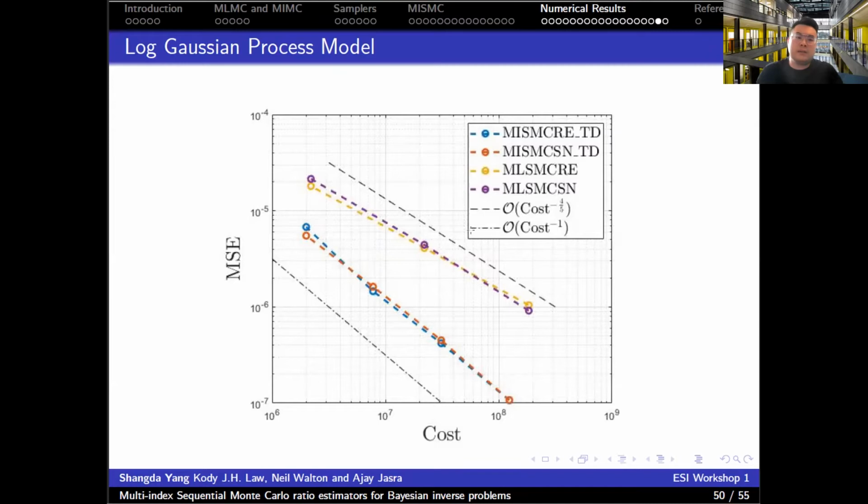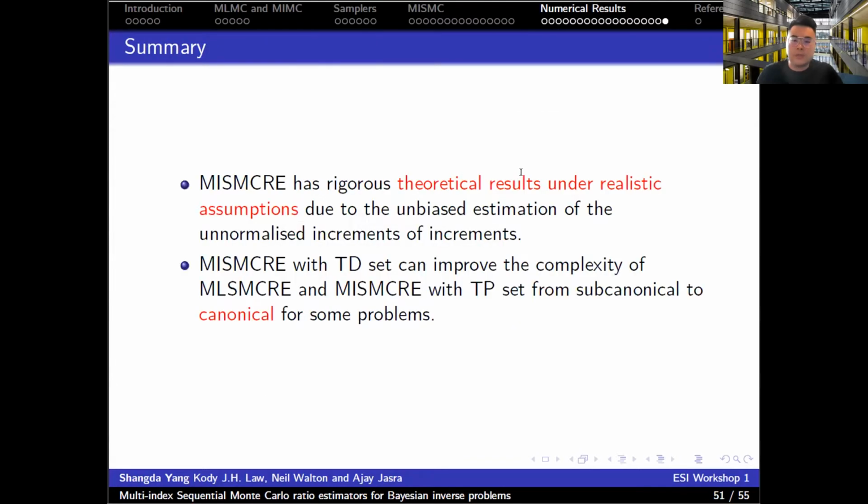In conclusion, multi-index sequential Monte Carlo with ratio estimators has rigorous theoretical results under realistic assumptions, because they use the unbiased estimation for the unnormalized increments at the denominator and the numerator.